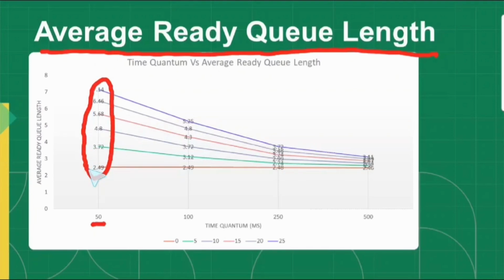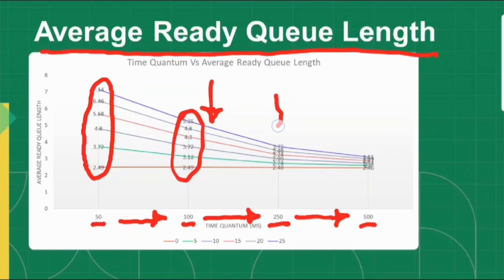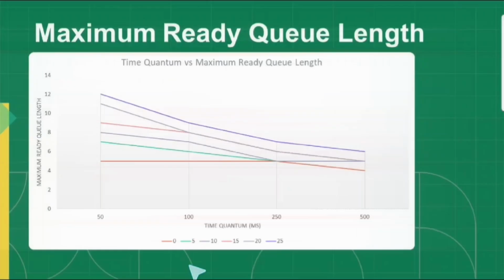But as we increase the time quantum, the queue starts to shrink because processes get enough time to finish without being interrupted. Context switch time plays a role here too. Higher context switch times at smaller time quanta make congestion worse. But once the time quantum is large enough, things smooth out.